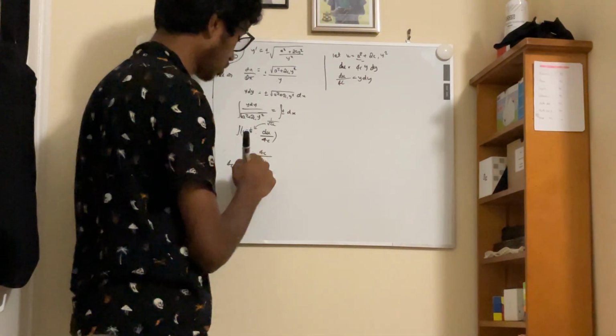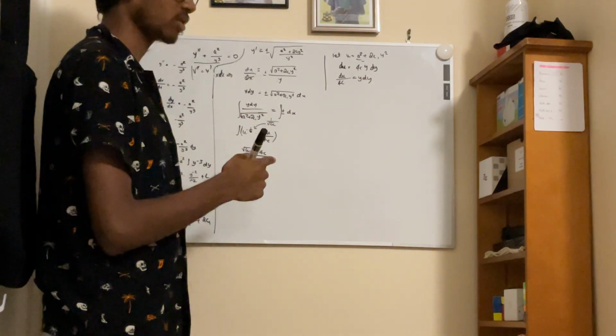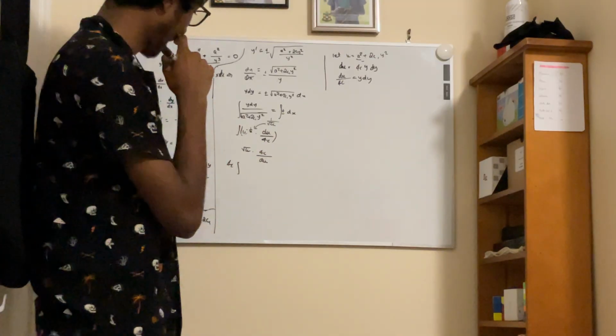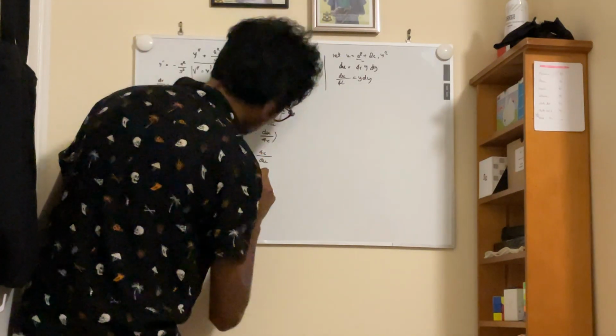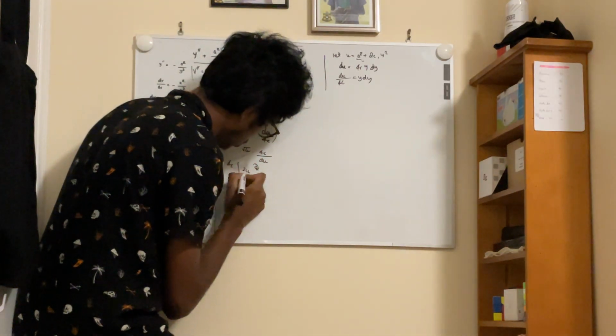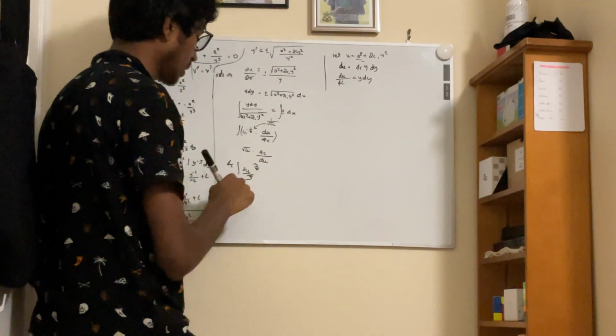What's integration of u? Well, that's 1/2 plus 1, which is now the 3 on 2. So then that's just u to the half plus 1, 3 on 2, 2 on 3. 4 into 2 is 8, 8 on 3.